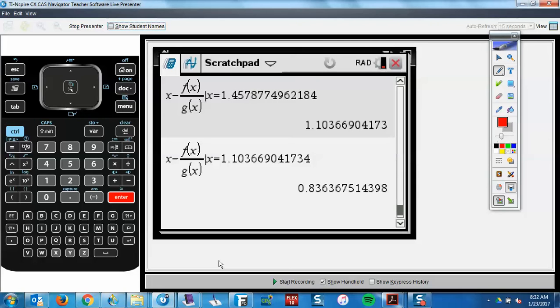See this right above the negative key where it says answer? That is a variable that stores the previous answer. That's what we want to go in there every time.